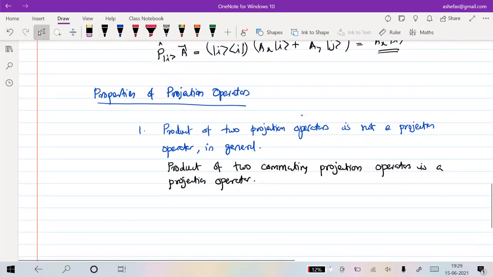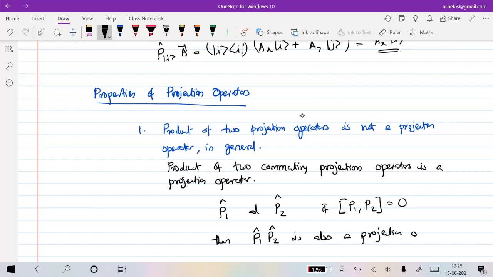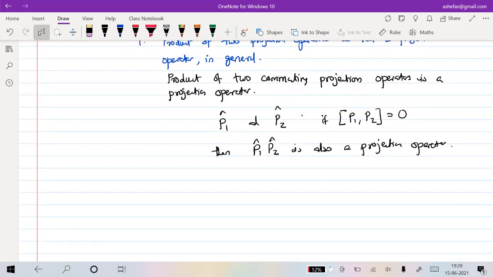Suppose you have two projection operators P1 and P2, and P1 and P2 commute, that is, the commutator [P1, P2] is 0. Then the product P1 P2 is also a projection operator. Is it possible to prove that? Yes. We have to show two things. The first condition is that it must be Hermitian.